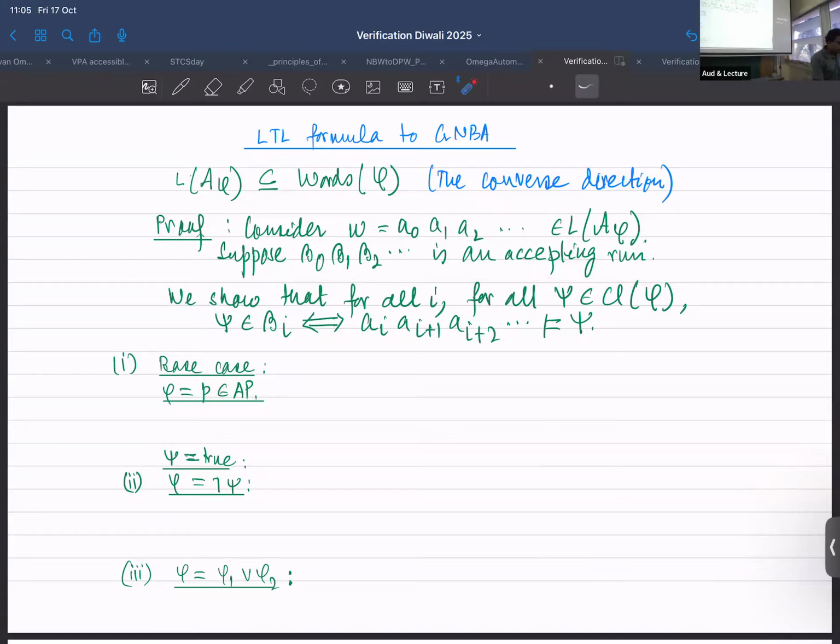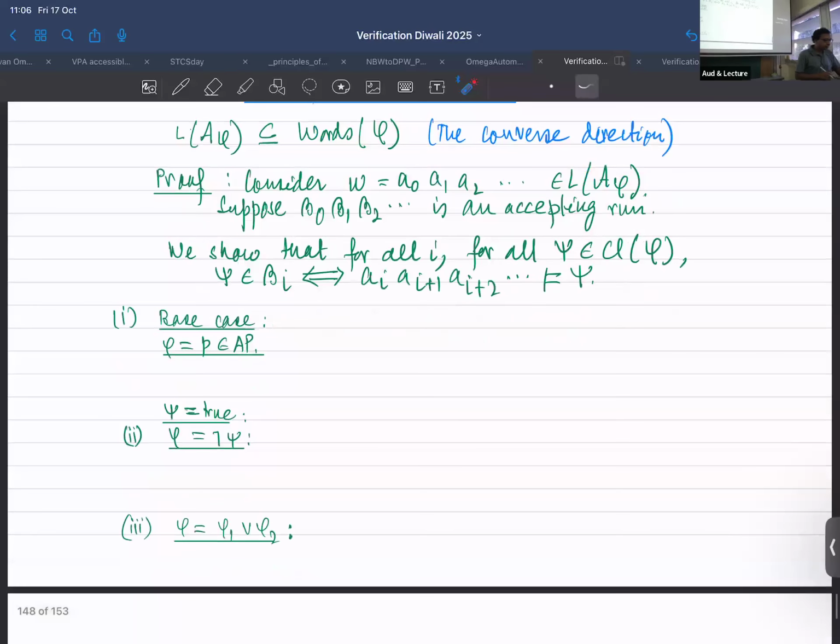So if we can prove that psi belonging to beta i means the suffix starting from a i satisfies psi, then we are done. Okay. So for the base case, suppose P belongs to beta i.